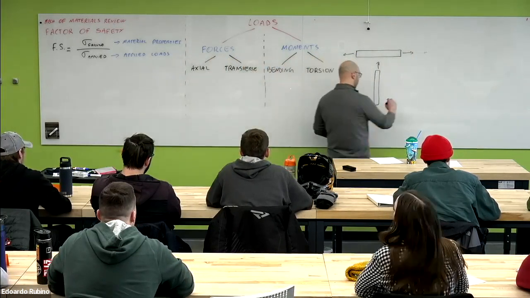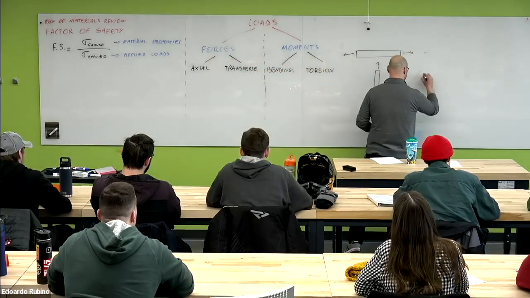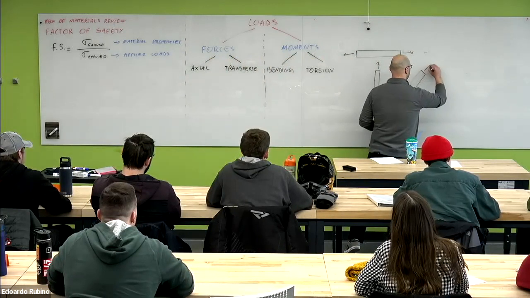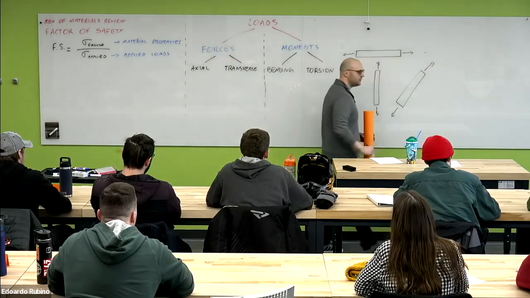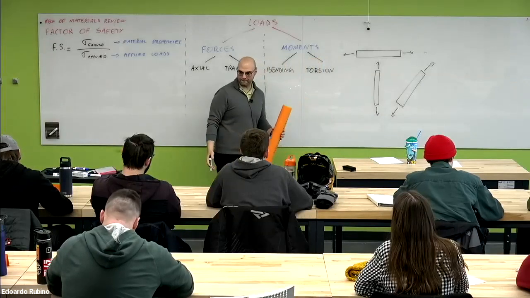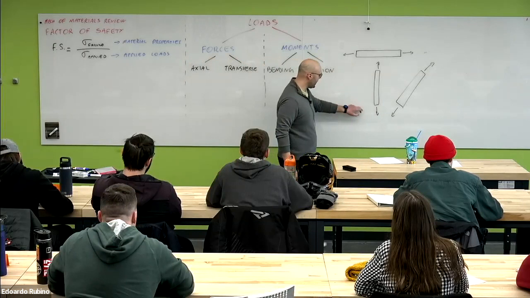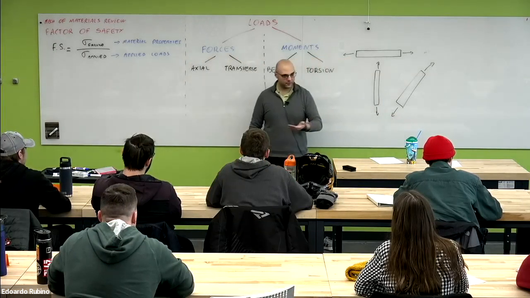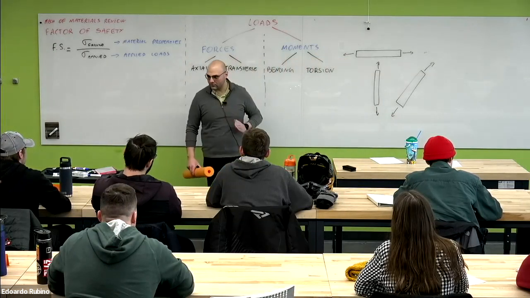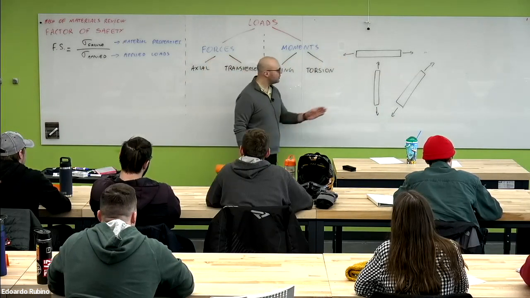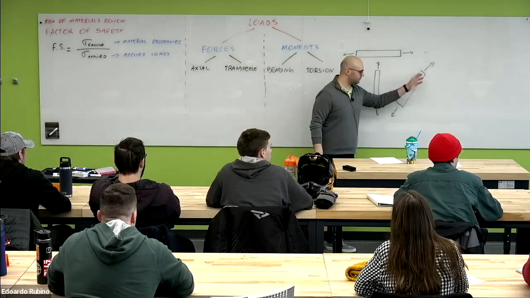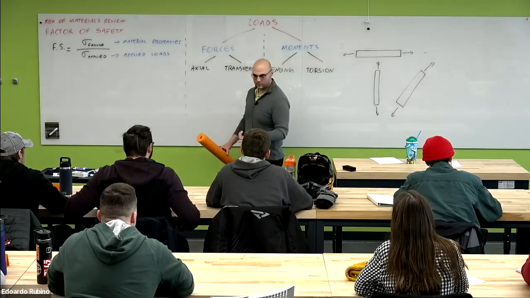If we have a beam that looks like this, it will be an axial load as well. So in each case, the force is aligned with the axis of the beam. So in all these cases, these forces are axial forces.